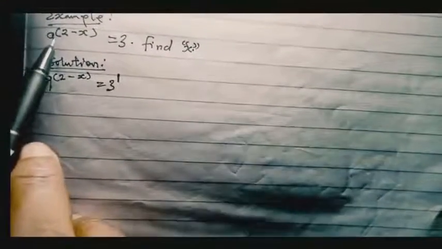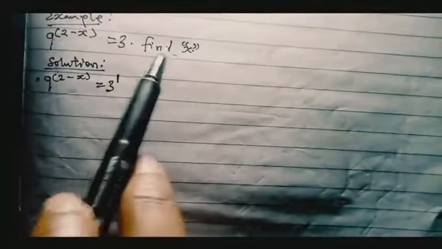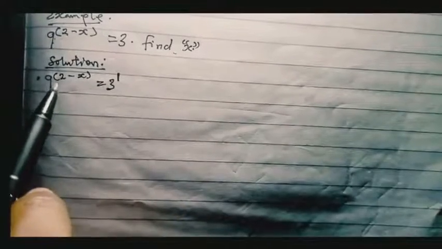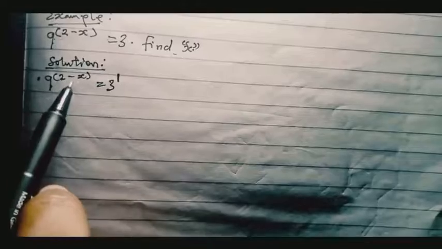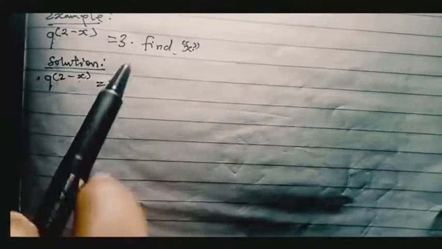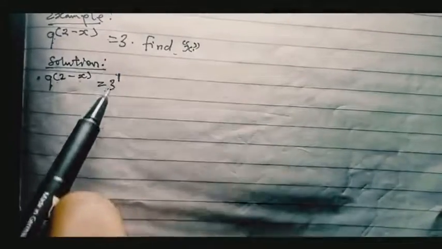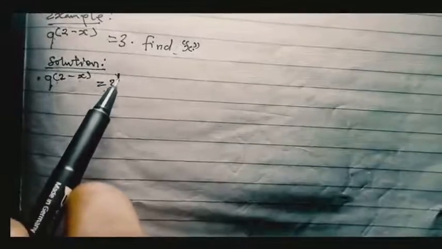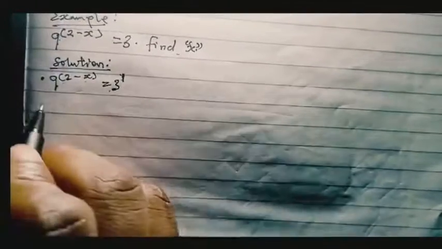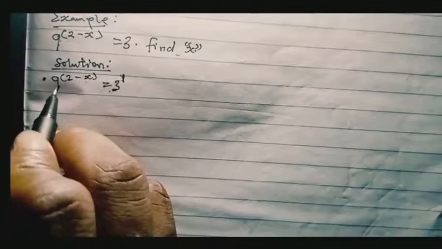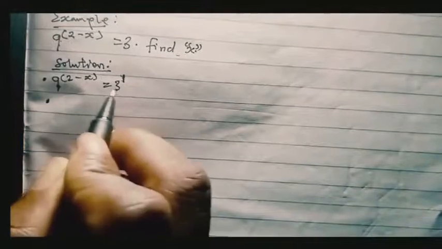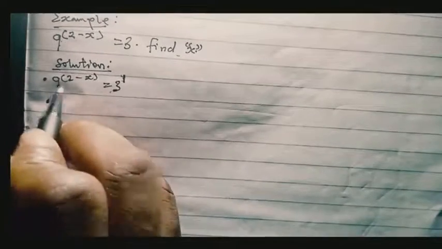So let's look at some examples. For example, we are asked to calculate x in this equation. Firstly, we are going to write this equation as 9 raised to power 2 minus x equals 3 raised to power 1. We can express 3 as 3 raised to power 1 because anything raised to power 1 will be that thing. Secondly, we're going to find a way to express this 9 in form of 3.